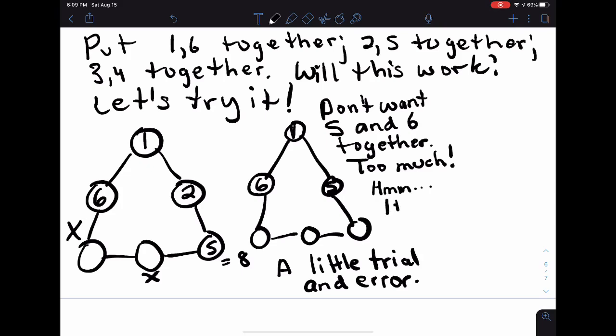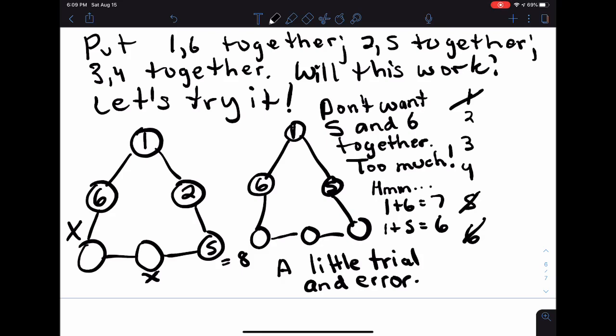So 1 plus 6 is 7. 1 plus 5 is 6. And I've got 1, 2, 3, 4, 5, 6. I've already used 1, 5, and 6. So what could I add to those to get the same sum? What can I do?